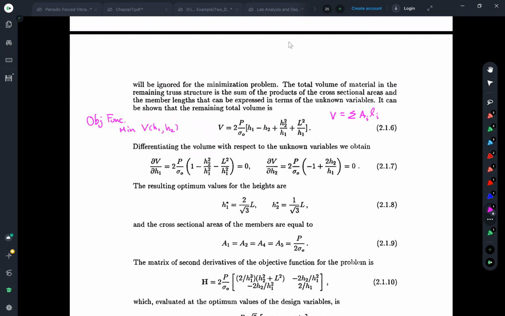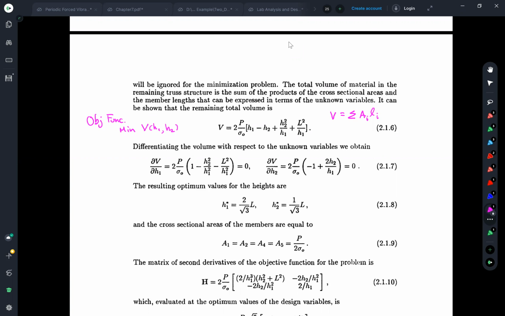And I put no constraint, no other conditions to take into account. For example, I don't care about the deflection, I don't care about the deformations. What I do care about is the strength. And I guarantee you that every member will be able to carry the load with stress not greater than the allowable stress.